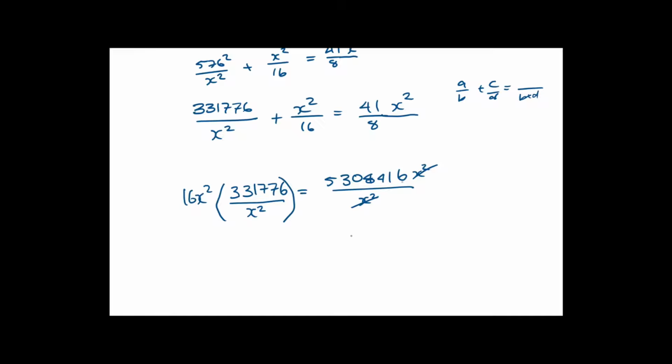And that's great, that's fantastic. So let's do it with this one as well. 16x squared times x squared over 16 is going to give us 16x to the power of 4 over 16. These 16s are going to cancel, and we're going to be left with x to the power of 4.